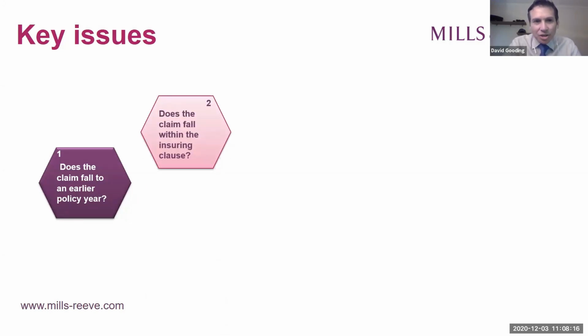Next key point, the insuring clause. I've added this in slightly on a tongue-in-cheek basis because these MTC policies are extremely wide, as Jiv's alluded to in the previous session. They include civil liability in connection with professional business anywhere in the world. So when a claim comes in involving some sort of civil liability, the backdrop is the chances are it's going to be covered.